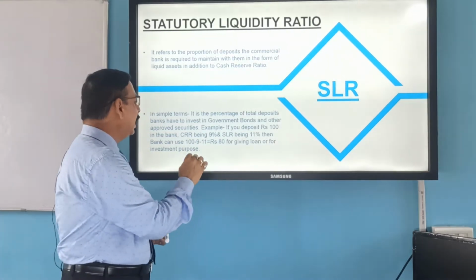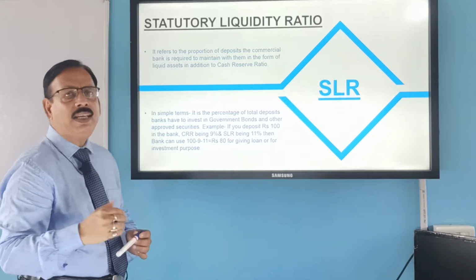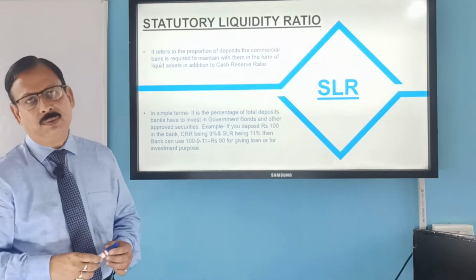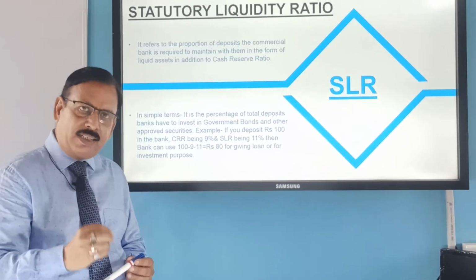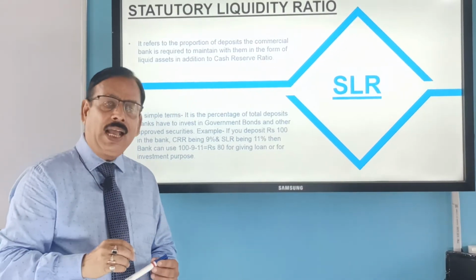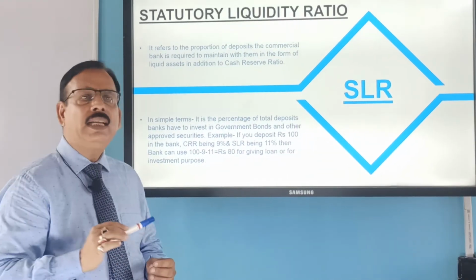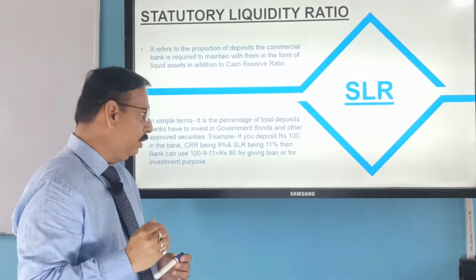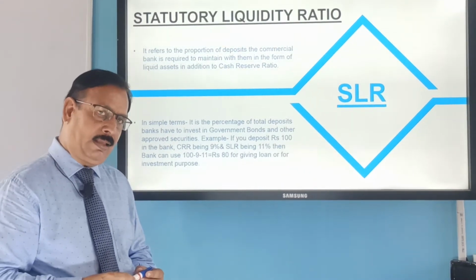Means 100 minus 9 minus 11, that is rupees 80 for giving loan or for investment purpose. Means bank, though it has deposit of 100 rupees, but due to CRR and due to SLR, they can give only 80 rupees for loan or for investment purpose.